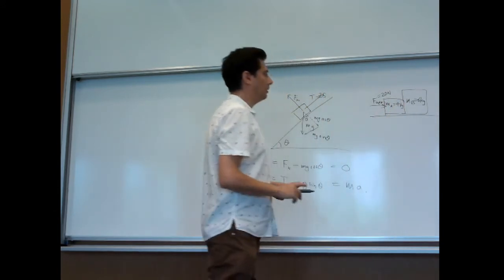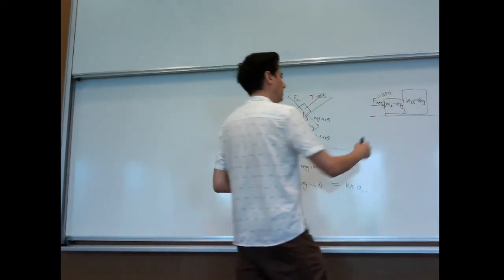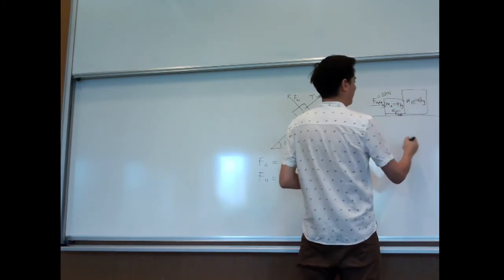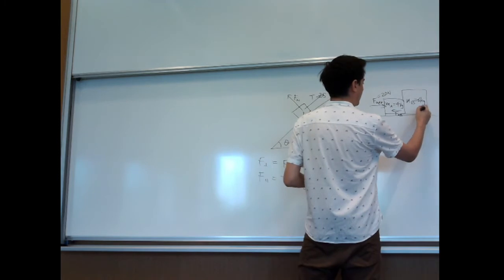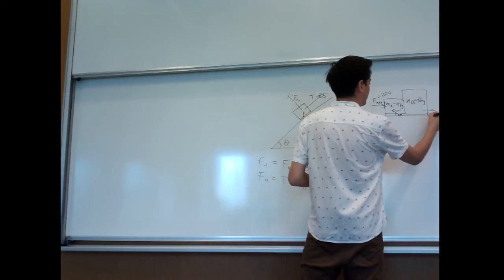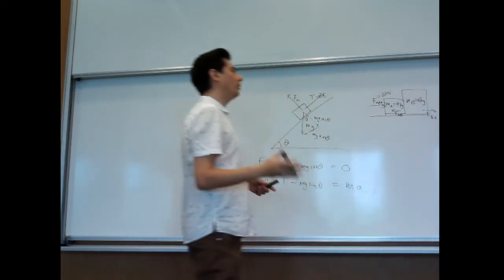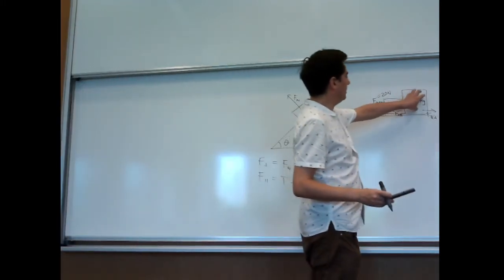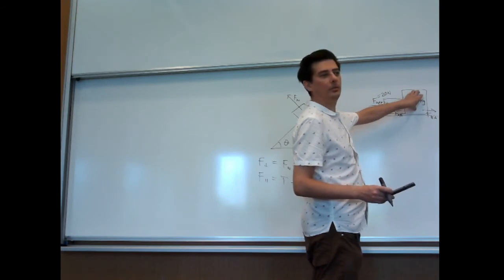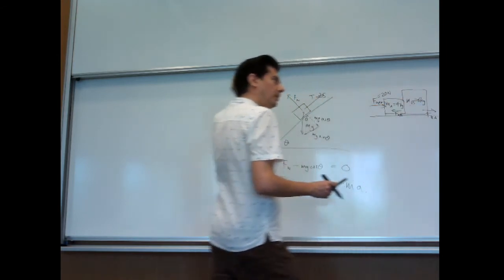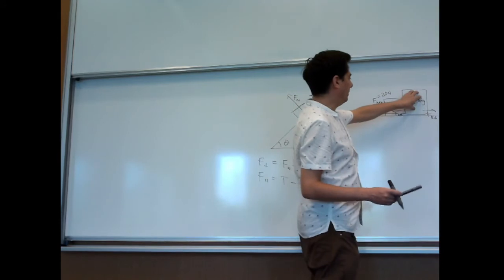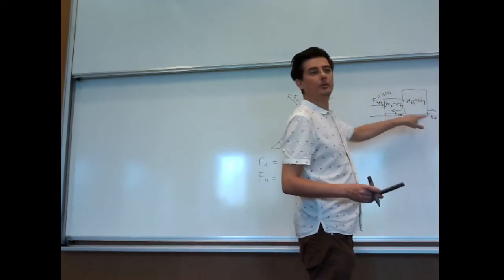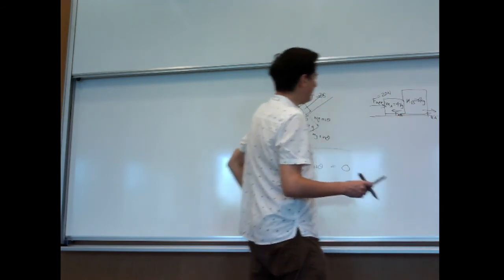Just from Newton's third law, you'd have a force on block A due to block B, and then another equal and opposite force on block B due to block A. In fact, this is the force that actually will push object B. So, the problem is that we don't really know what these are.